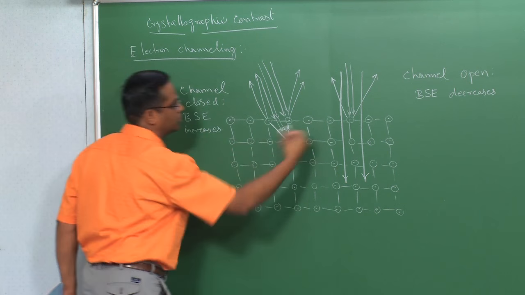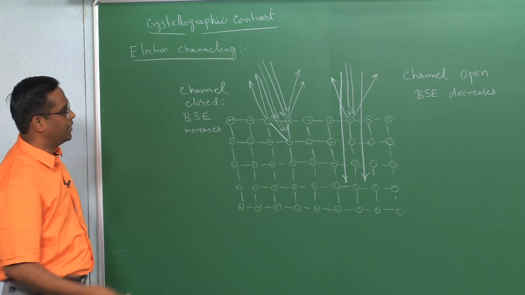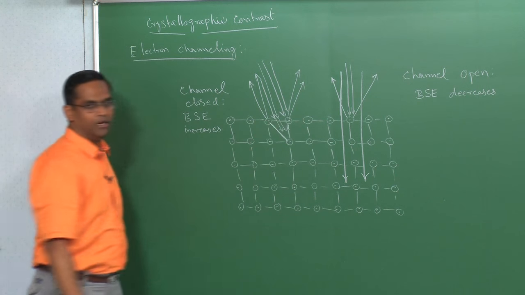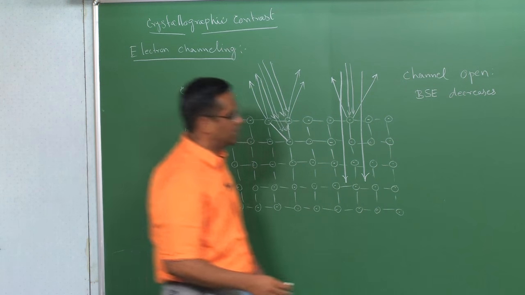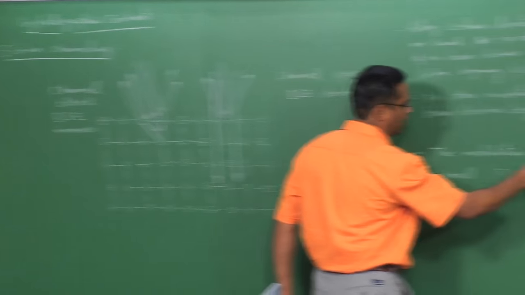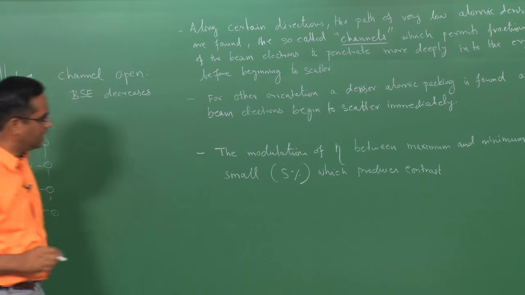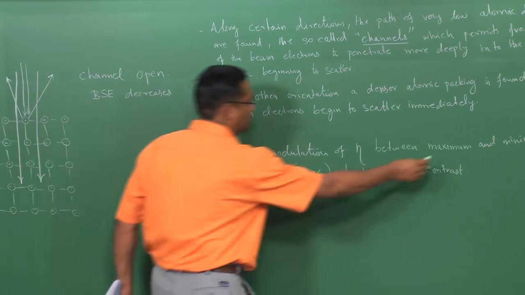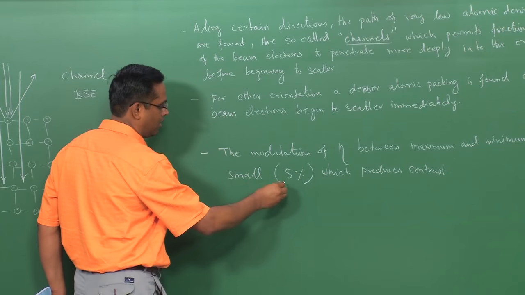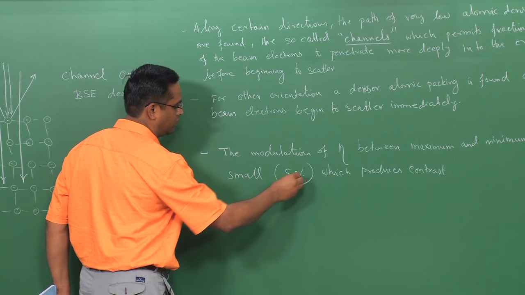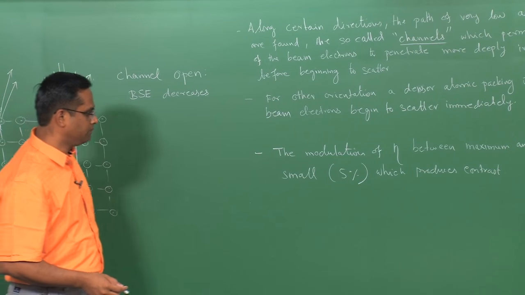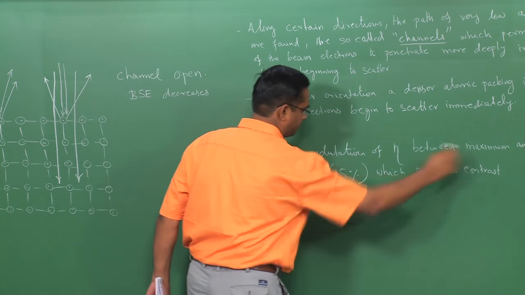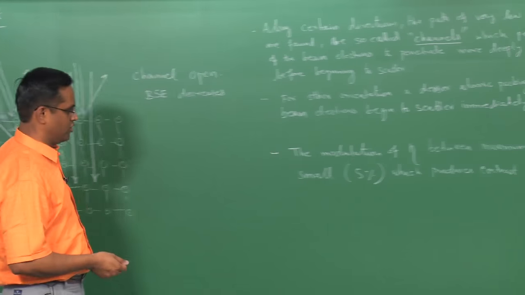So these two produce a difference in the signal, which produces a contrast. The modulation of eta, that is the backscatter electron yield, between the maximum and minimum is very small, only about 5%, which produces the actual image.